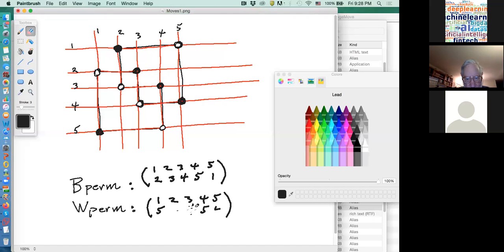I'm sorry, I was doing the white permutation. So 1 to 5, 2 to 1, 3 to 2, 4 to 3, and 5 to 4. So this pair of permutations encodes the knot.